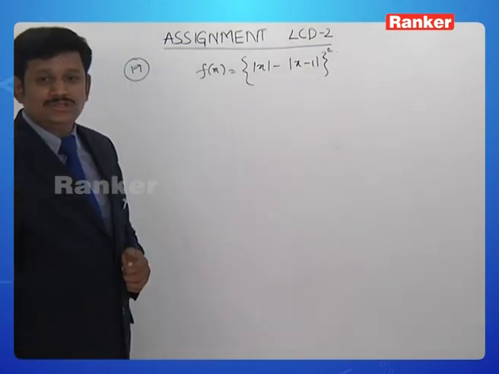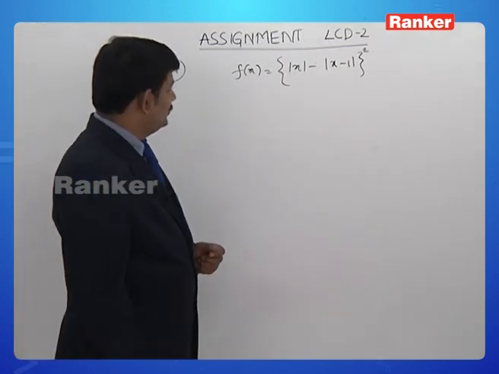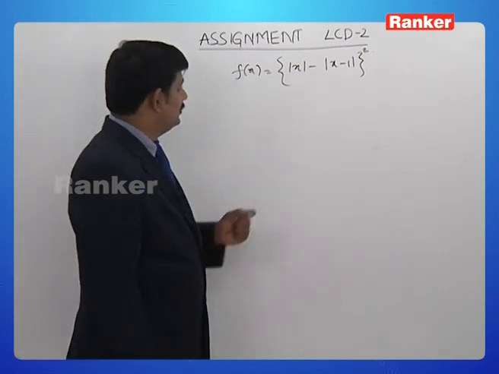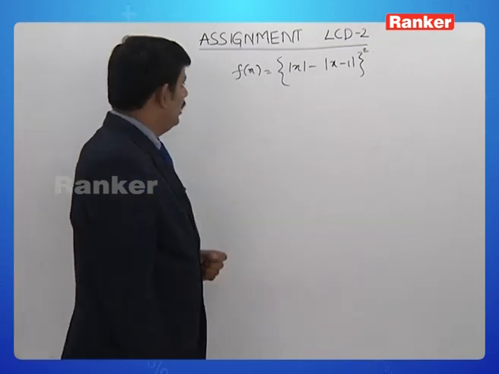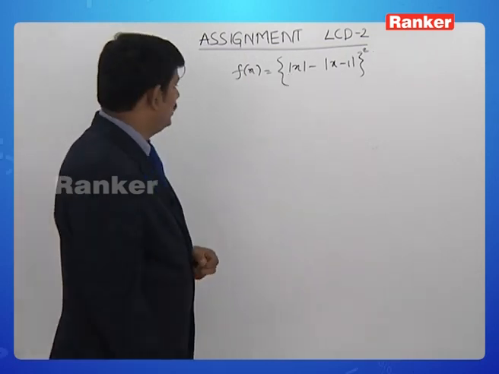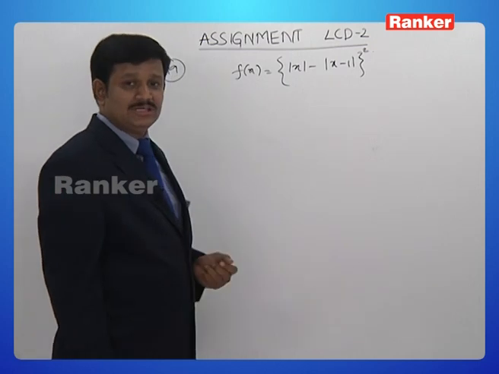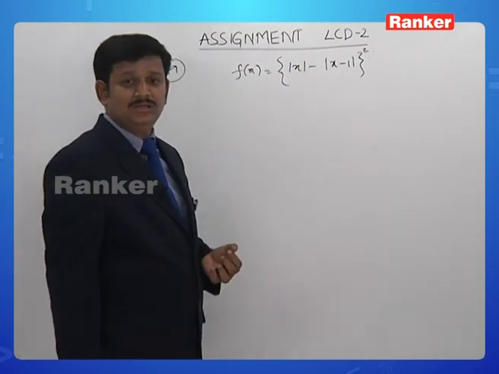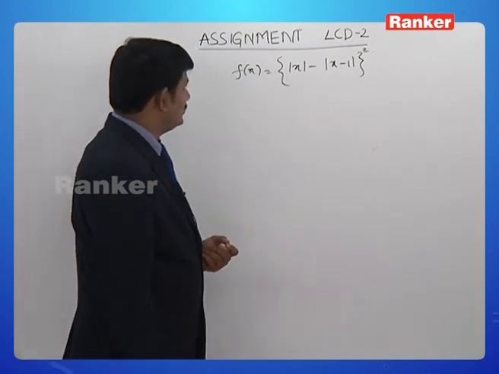To evaluate this question, we can do it with the modulus present directly, or we can also remove the modulus and do the question. So, let us do it by the second method, where we remove all the modulus symbols and then start differentiating the function.